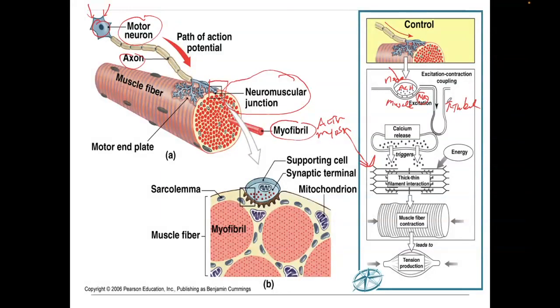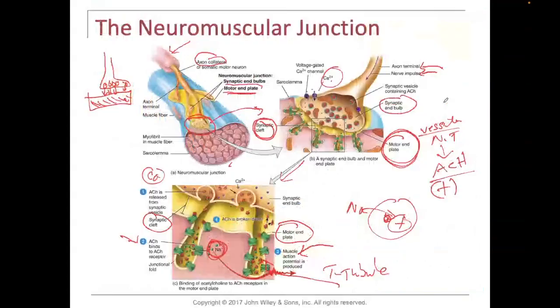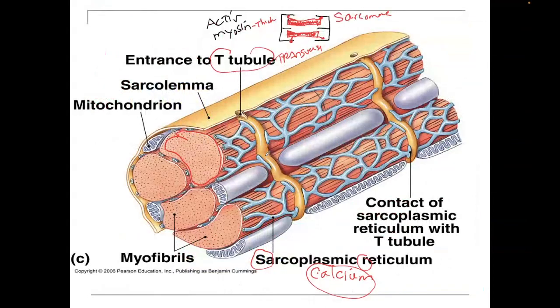That action potential, the T tubule, if we go back here a second, where does the T tubule contact? The T tubule, look what touches it. You've got this buttressing of the sarcoplasmic reticulum that makes contact with the transverse tubule. So the transverse tubule sends down this electrical action potential, transmits it into the sarcoplasmic reticulum.